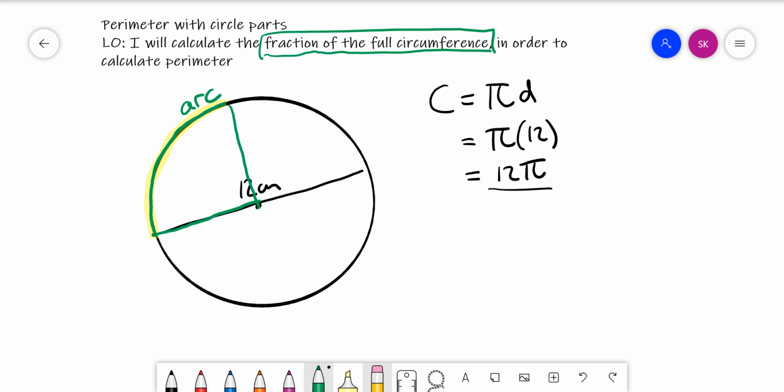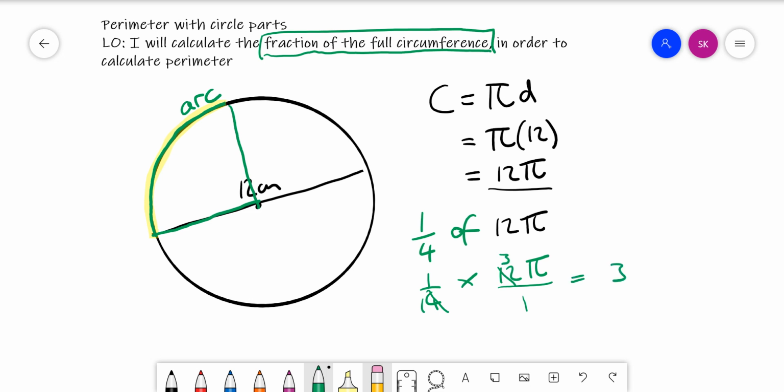So if we're dealing with just a quarter, we do a quarter of the full circumference, which is a quarter of, in maths, means times 12 pi. And again, you may be able to tell me straight away that that's 3 pi, or you could always make your life simple, simplify first, top, top, bottom, bottom, get 3 pi, should be centimeters, as the length of this highlighted yellow bit.